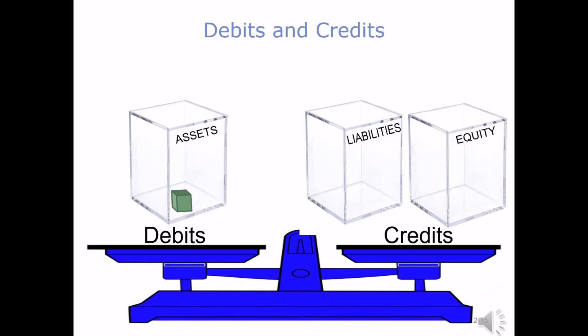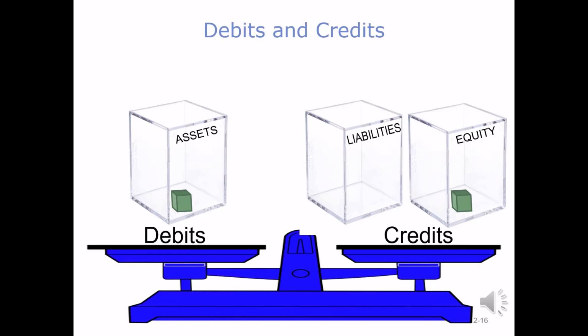But we can't just record the cash, or our accounting equation would be out of balance. We also need to post the credit side of our journal entry into equity to establish Sheena Bright's capital account. Now our accounting equation is in balance.